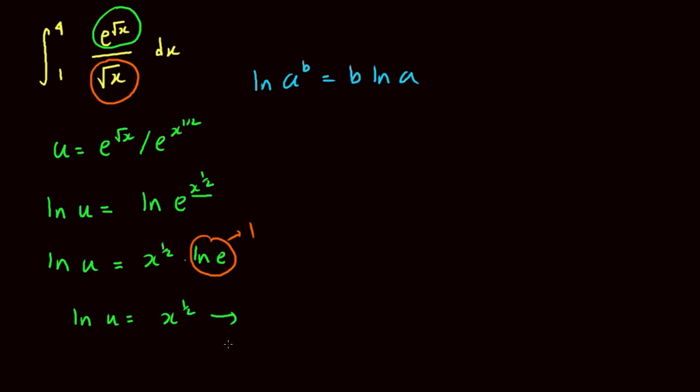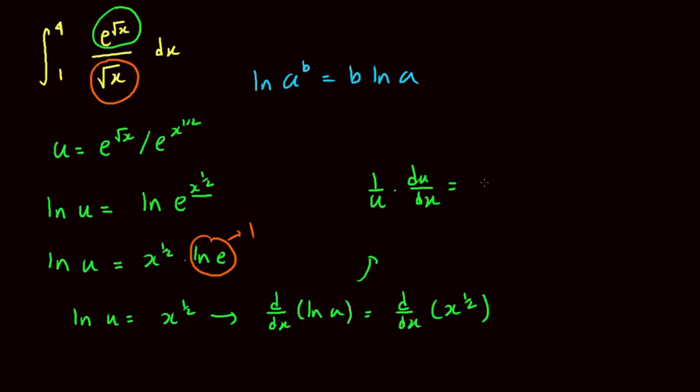And of course we have to do implicit differentiation, right? So it'll be d/dx of ln u equals d/dx of x to the power of half. And once we do that, of course we'll have 1 over u times du/dx is equivalent to 1 over 2 times x to the power of negative half.